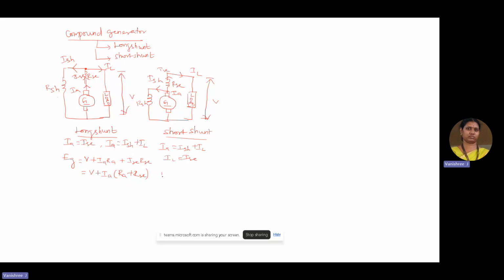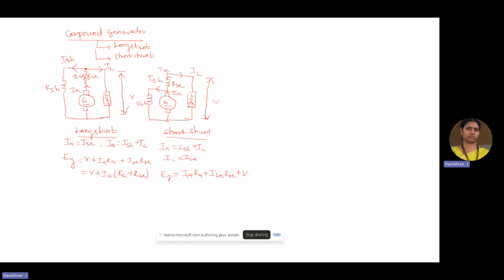The generated EMF can be given by EG is equal to IA into RA plus ISE into RSE plus V. So here, the load current is equal to the series field current, and the armature current is the summation of the shunt field current and the load current.